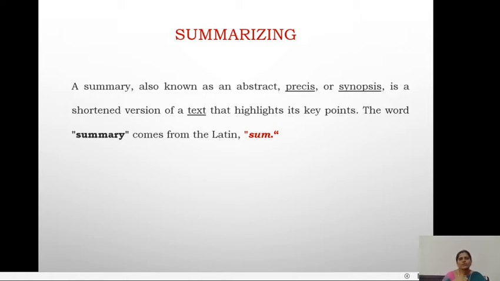We try to find the main points in the text. Now this scanning process we are applying here in summarizing a text. That means we are trying to find out the main points or the key ideas of the author from the original text, and then we put those key ideas in our own words and make it a summary.